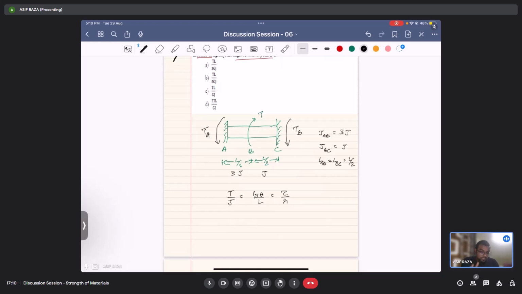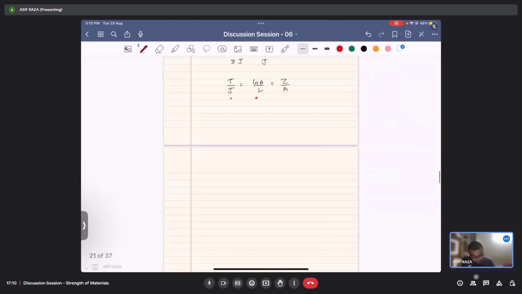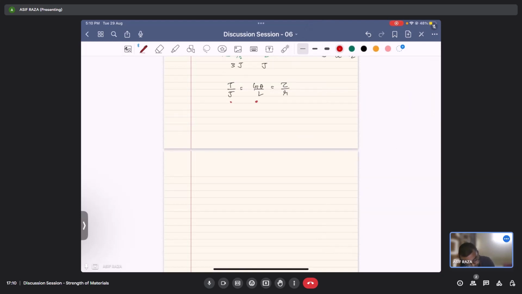So you can get the gist that we'll be using the first and second expression of the torsion equation. So theta would be equal to TL upon GJ.